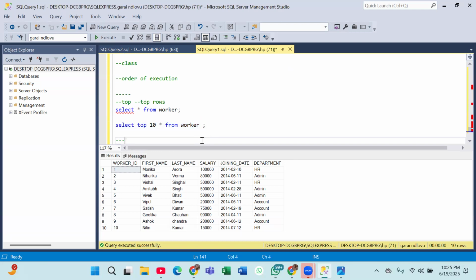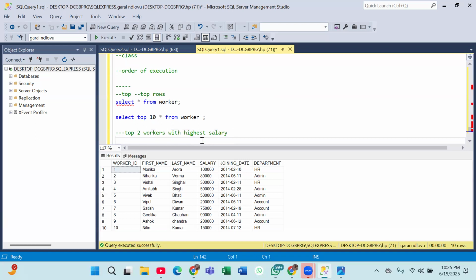Okay, let me give you one question. You guys have to find out the top 2 workers with the highest salary. Is my question clear with everyone? What you guys have to do is find the top 2 workers with the highest salary.